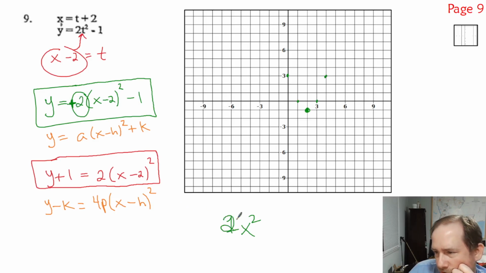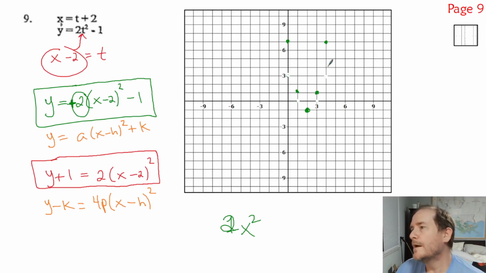Imagine if there was a 2 here. Maybe I'd go over 1, and instead of going up 1, I'd go up 2. And if I go over 2 up 4, then maybe I go over 2 and up 8 instead. Anybody other than me understand that? I'm just getting lazy because it's getting late, but those are going to be the points on this particular parabola. I guarantee it. I stand by it.